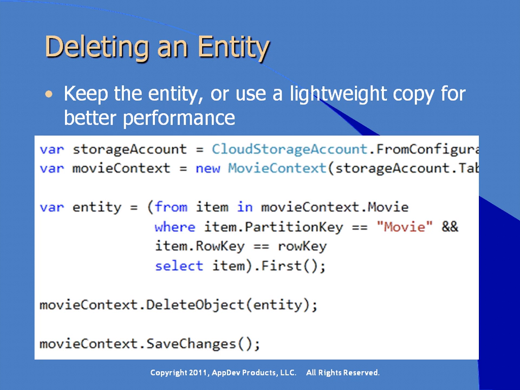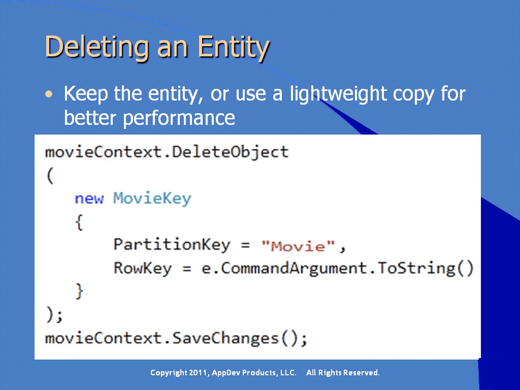Create an instance of your cloud storage account, create an instance of the context, but instead of creating an instance of the actual movie class, we can use the LINQ syntax to query the table for the specific entity that we want to delete, and then call the delete object on the context, passing the entity that we just received, and then calling save changes on the context, and that will delete the entity from the table. Another way to delete the entity is by simply calling the delete object and creating a new instance of the movie and passing the particular partition key and row key, and then calling the save changes on the context.